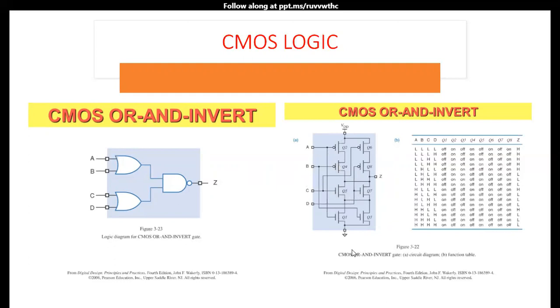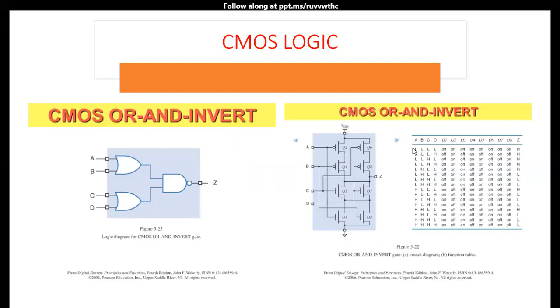So let us see the working of this OAI circuit. For the various inputs, if you apply all the inputs low, the PMOS pull-up networks are on and the pull-down networks are off. The resultant output becomes high.